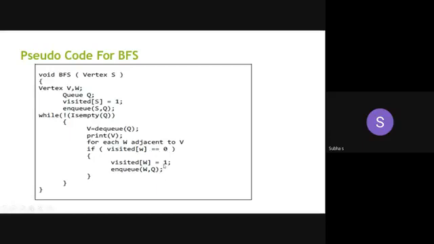If newly visited, mark it as 1. If it is already visited, no problem. Then you are NQing W comma Q. First S comma Q was there, then we NQ V, DQ V and then V's adjacent vertices W, then you are NQing. This is the pseudocode.